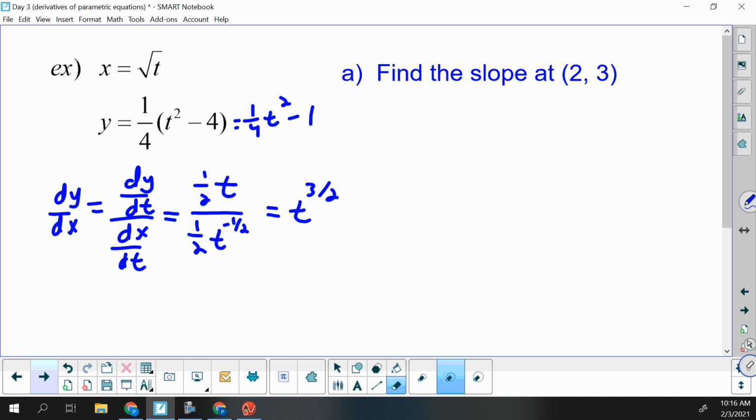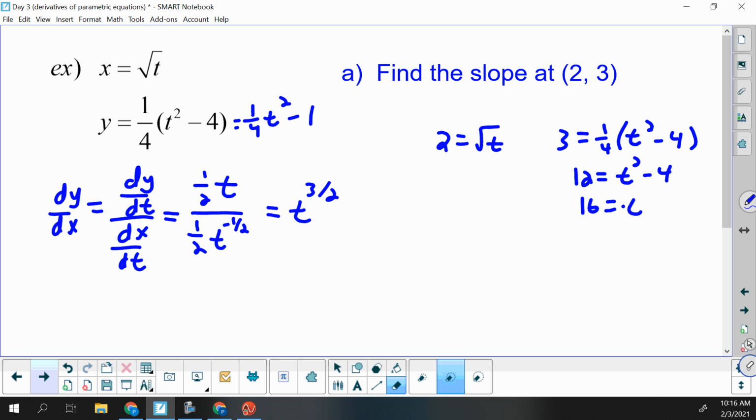Well, let's sub our point into our original equations to try and find the value of t. We're going to have 2 equals square root of t, and we're going to have 3 equals 1/4 t squared minus 4. Well, in this second equation, multiply the 4 over, so you get 12 equals t squared minus 4. Add the 4 over, you get 16 equals t squared, and t is then equal to plus or minus 4 when we take the square root.